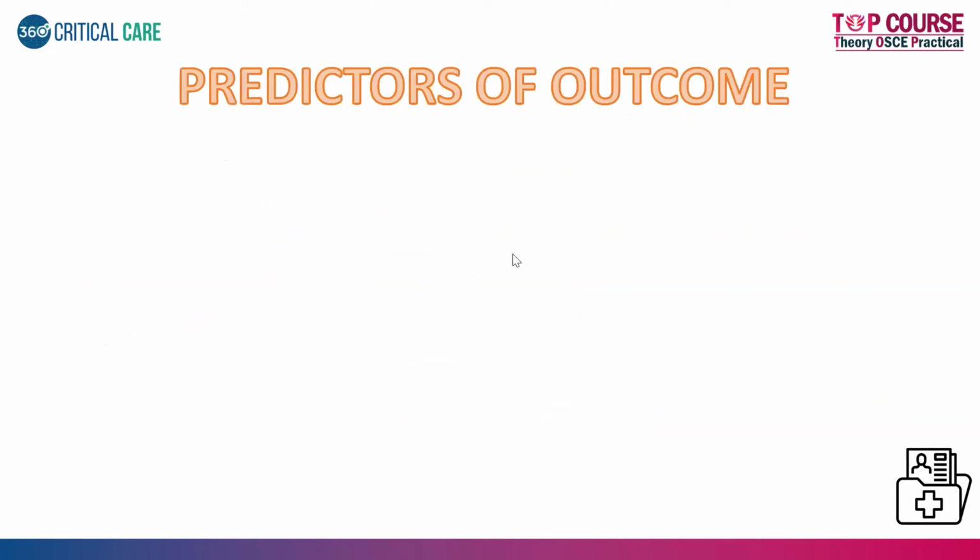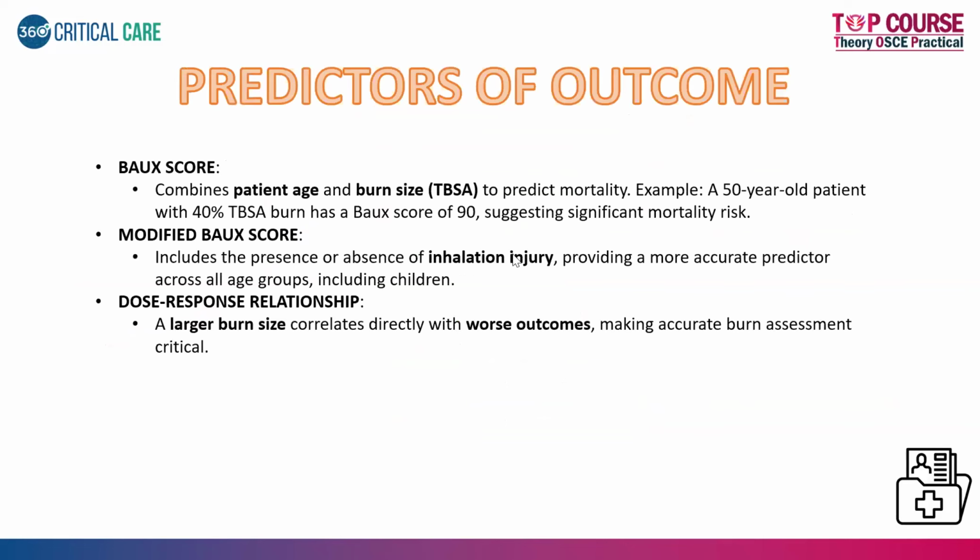Predictors of outcome. There are many scores which help us understand the outcome of a burn injury. The Baux score is one of the scoring systems that has been used for a long time. It combines the patient's age and burn size based on the total body surface area to predict mortality. For example, if it's a 50-year-old patient with 40% burns, the Baux score is 90.